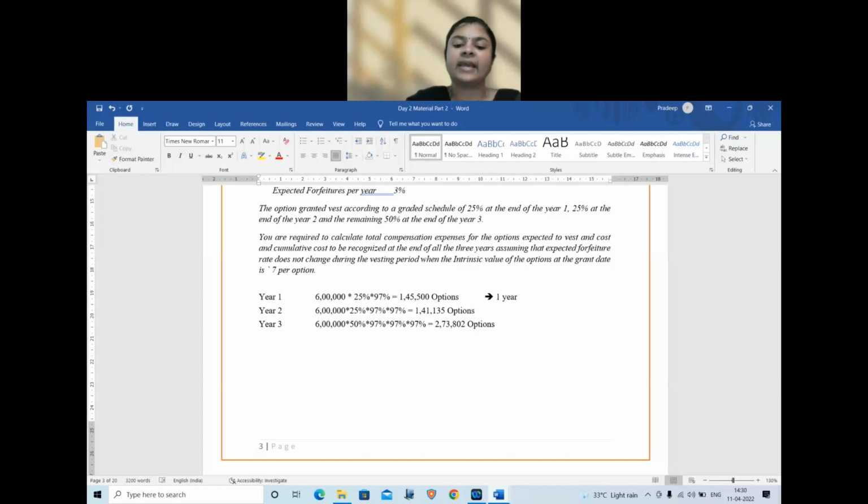For the second set of options, which is 141,135 options, vesting period is 2 years, so expenses will be recognized spread over 2 years. And for this third year, the vesting period is 3 full years, so expenses will be recognized over the 3 years proportionately. We will come to it. Please wait.